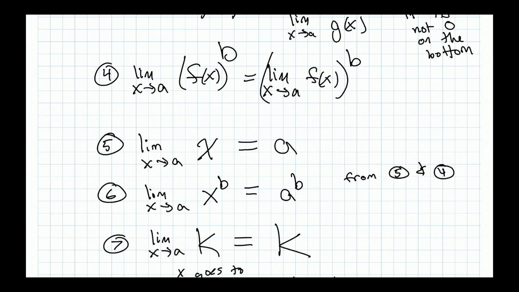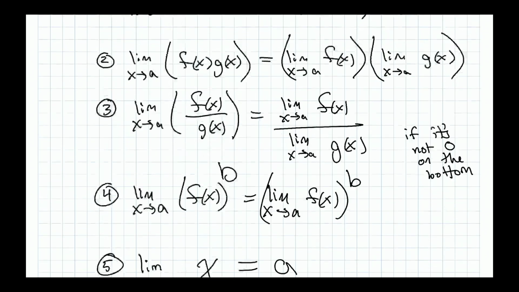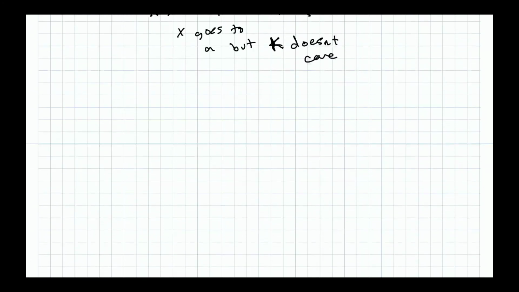All right, so I just wrote down a bunch of rules. What are you going to use them for? Well, you can use them to evaluate simple limits now. I'm going to do one in detail, and then we'll see why you don't want to do them this way.